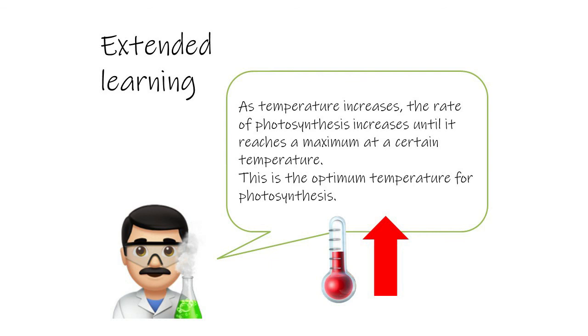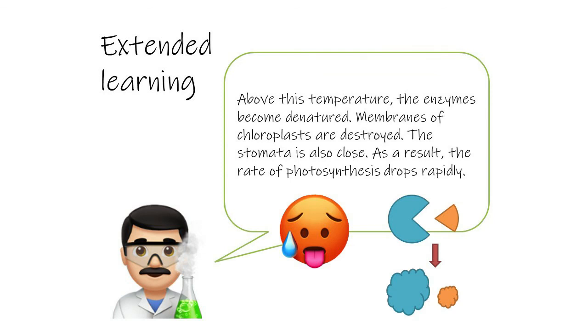This is the optimum temperature for photosynthesis. Above this temperature, the enzymes become denatured. Membranes of chloroplasts are destroyed. The stomata are also closed. As a result, the rate of photosynthesis drops rapidly.